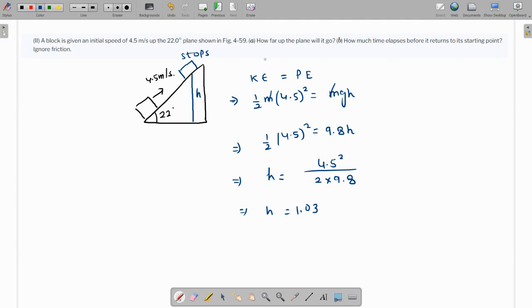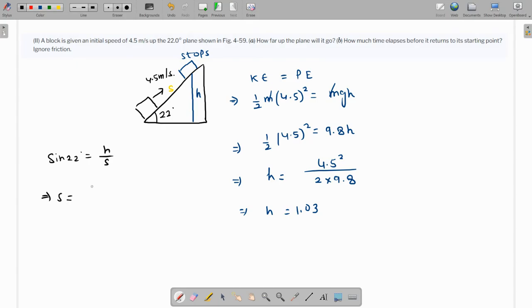But we don't need the height. We need the distance along the plane which it has moved. So we are going to use a little bit of trigonometry here. In this triangle, we need to find the value of s. We're going to use sine. So sine of 22 is going to be h over s.